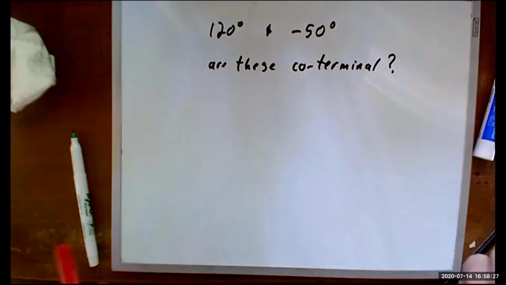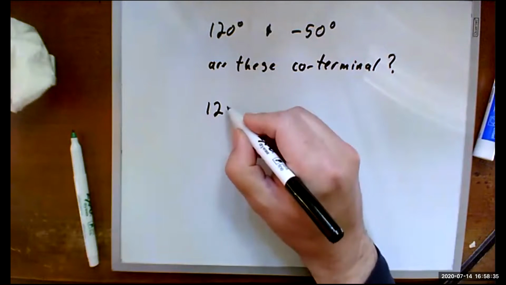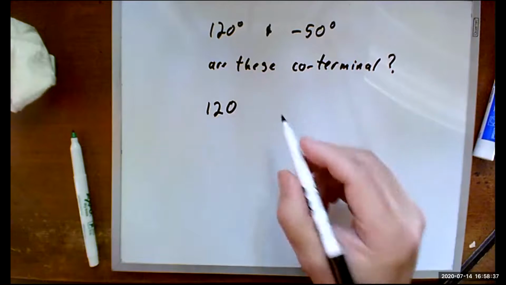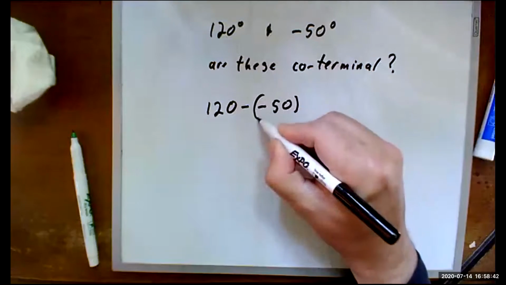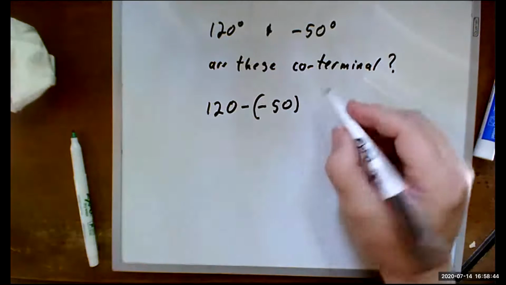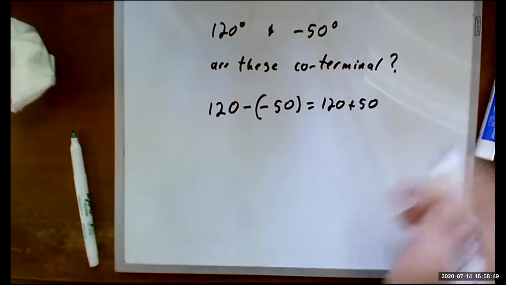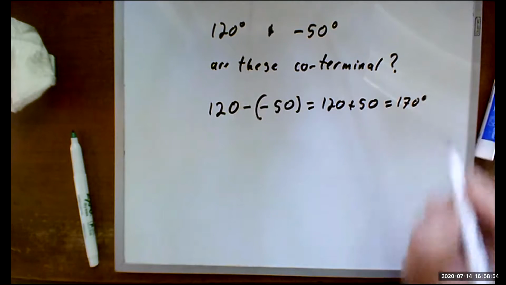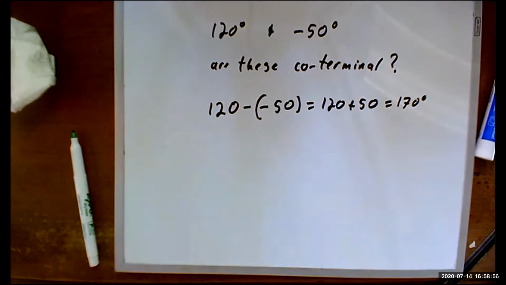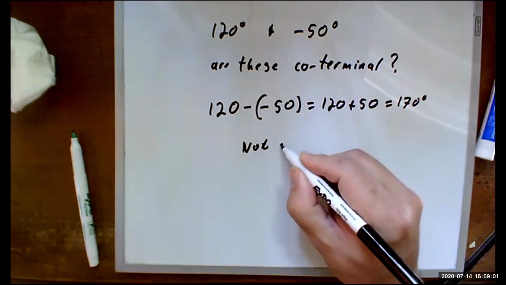So one of the things that we can do that's slightly different rather than trying to add and subtract amounts of 360 is we can simply say, okay, do these have 180 degrees in them anywhere? So let's subtract these numbers. 120 minus negative 50, which is the same as 120 plus 50, which gets us 170 degrees. 170 degrees is not a multiple of 360.